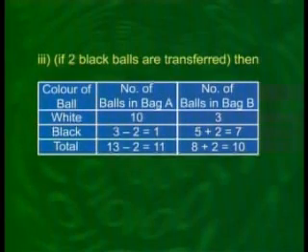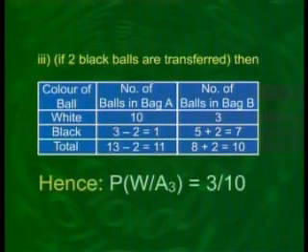In a similar way, we can compute the probability of W given A3, that is, that we draw a white ball from the second bag under the condition that 2 black balls had been transferred into the second bag. In this situation, we have 3 white and 5 plus 2 equal to 7 black balls in the second bag, and the total number of balls now is 10.